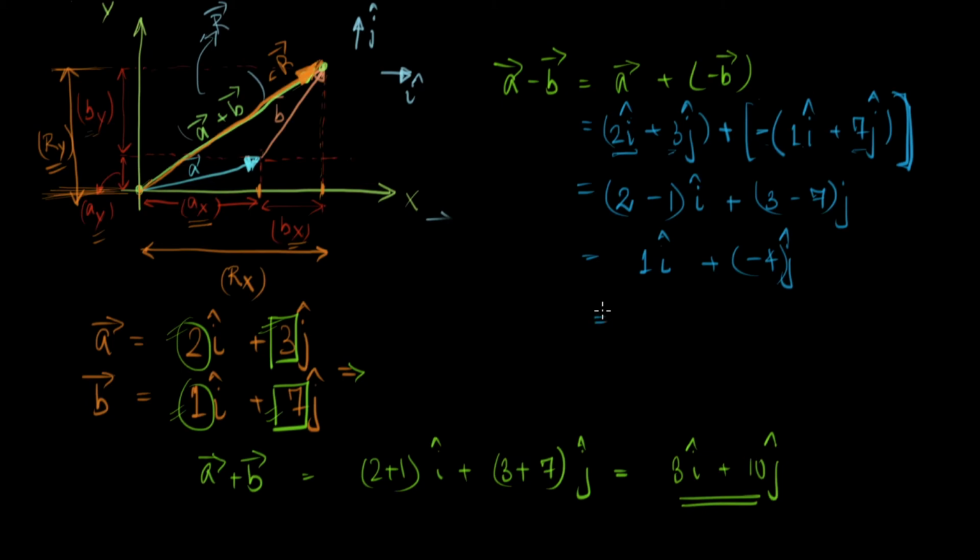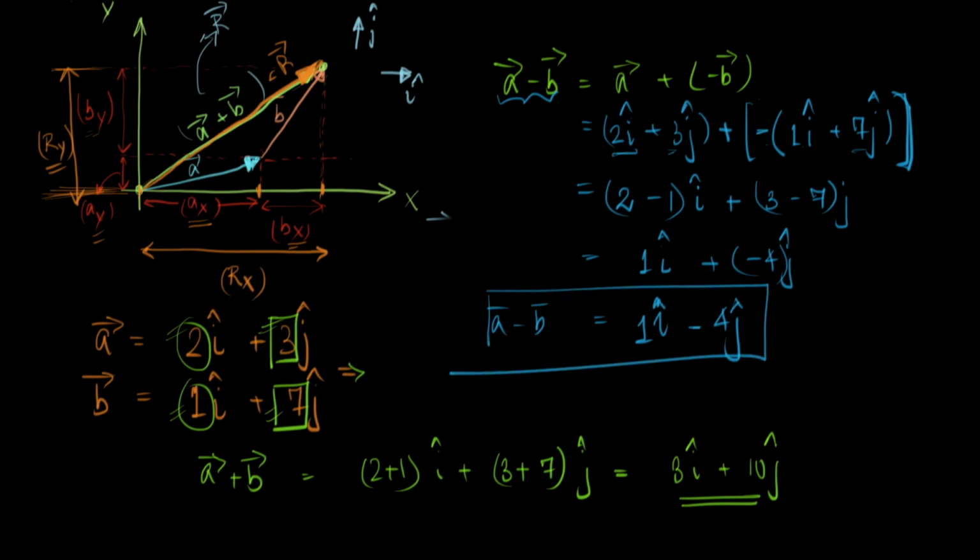Therefore, my subtraction vector of a minus b turns out to be 1i cap minus 4j cap. So as simple as that, I now have my vector subtraction and I also have my vector addition. So that is extremely simple. All I need to do is take the x and the y components and add them or subtract them in that order. Nothing more than that, nothing elaborate to this method.